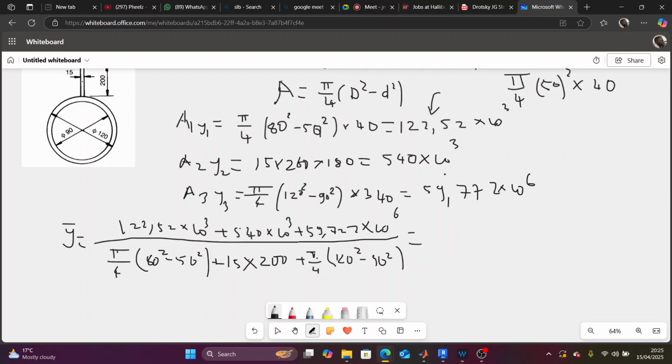Just keep it as answer. Now, can you do pi over 4 times 90 square times 340? It's 2,16. Okay, this 216 whatever.